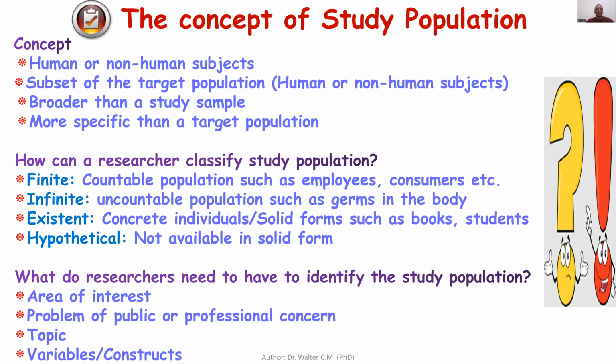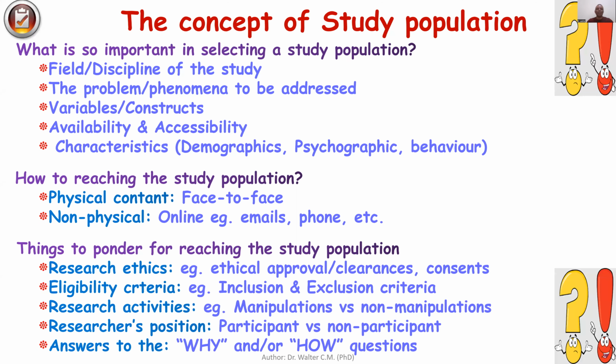And then, what is so important in selecting a study population? You need to consider your field. If your field is health, at least fix yourself to that field, unless you are in a collaborative research, where you can sit down, negotiate, discuss, and reach a consensus to engage in research from other fields.